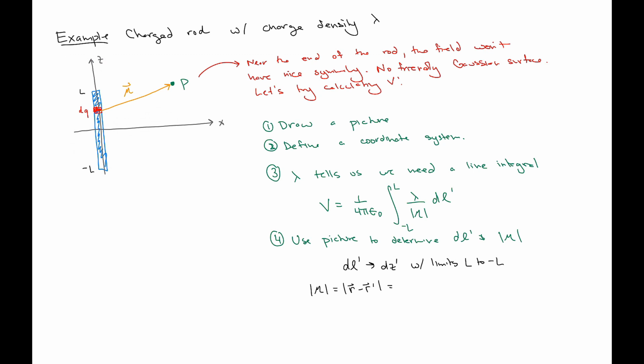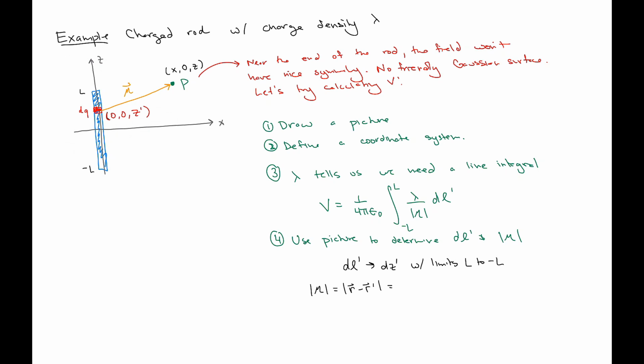If I look here, this is a point that is at x. I'm going to assume that y is equal to 0, and z, because it's flat on the plane here, so I don't have any y coordinate. Over here, the position of my little chunk of charge, I'll do that in red, is 0 in the x direction, also 0 in the y direction, and in the z direction, it's at z prime.